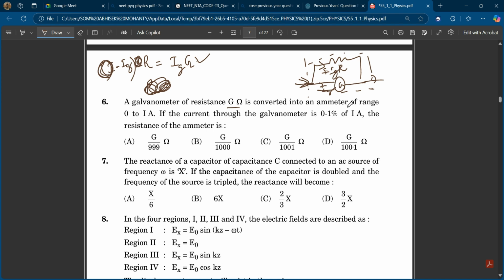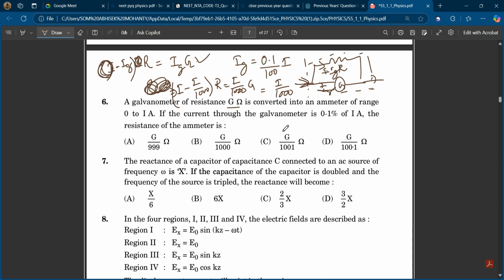Current through the galvanometer is 0.1% of I. Okay. So this is the one that we need to use. So this is I by 1000. Correct. So in place of Ig, let's put I by 1000. So (I minus I by 1000) whole into R is equal to I by 1000 into G. Got it?